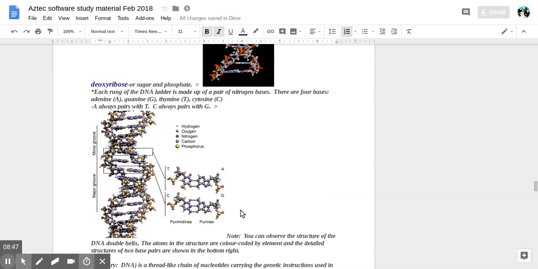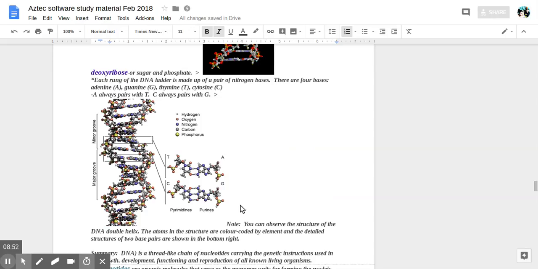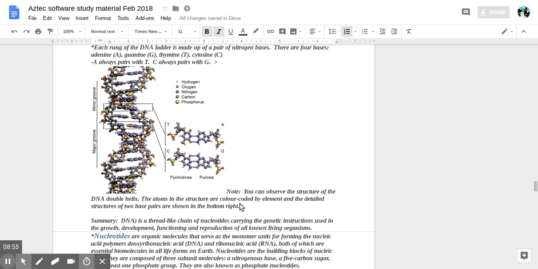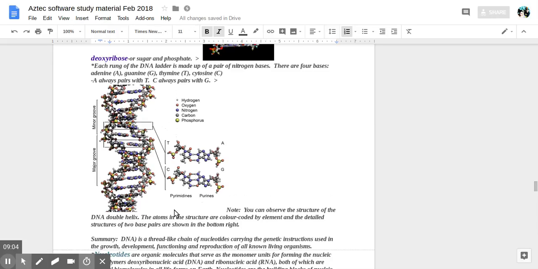Adenine always pairs with thymine, while cytosine always pairs with guanine in the DNA molecule. Thymine and cytosine are in the pyrimidines group, and adenine and guanine are in the purines group. So they link up, looking like a runged ladder.